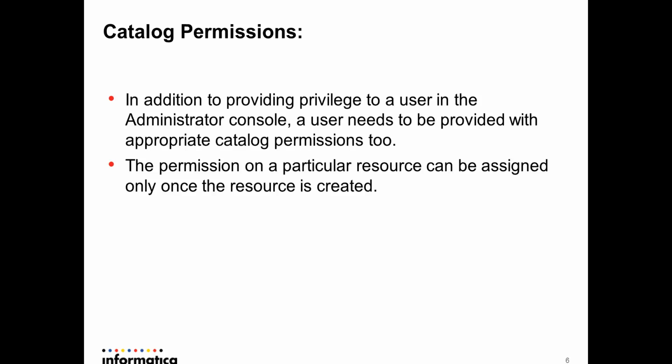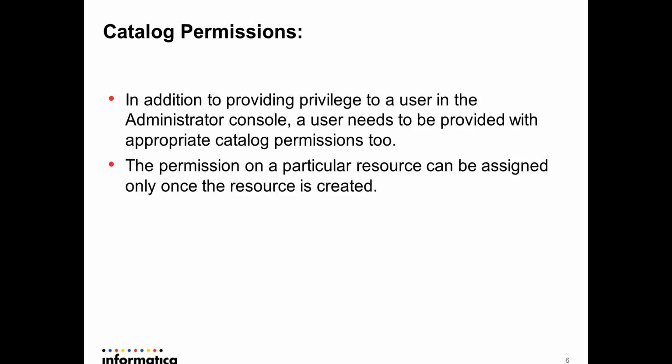So in addition to providing privilege to a user in the administrator console, a user also needs to be provided with appropriate catalog permissions too. And this permission on a particular resource can be assigned only once the resource is created.